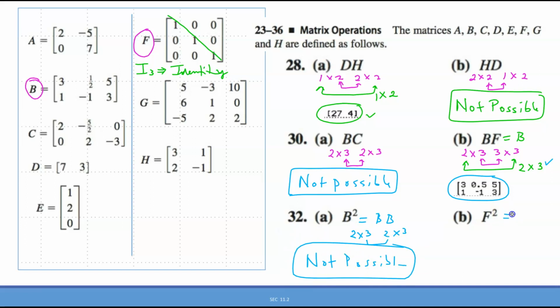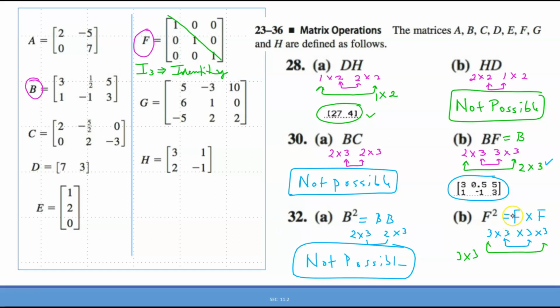We have F times F. F is a 3 by 3. F is a 3 by 3. These numbers match up so that we know we can multiply these two together, and our answer is going to be a 3 by 3 matrix, and we probably already know what it is.